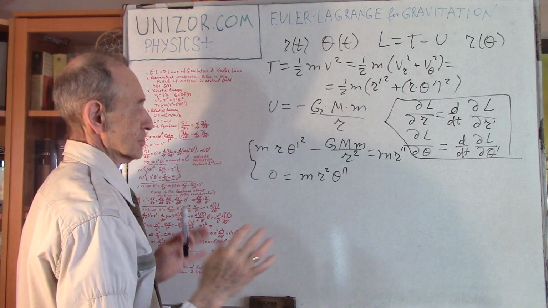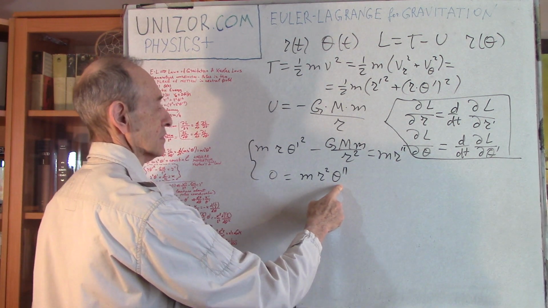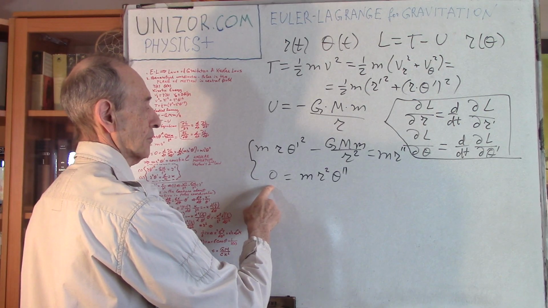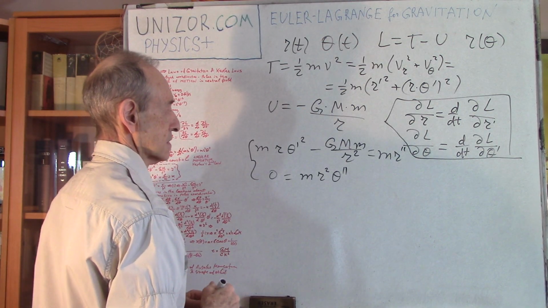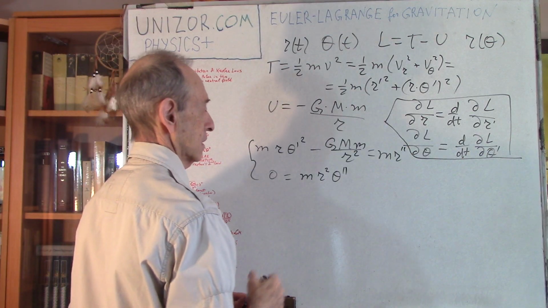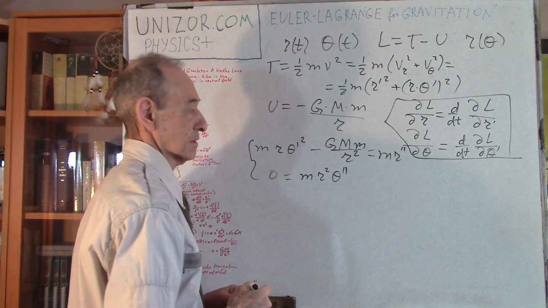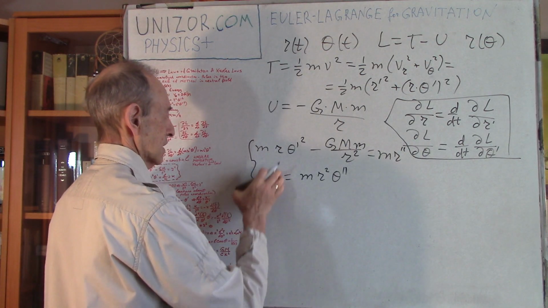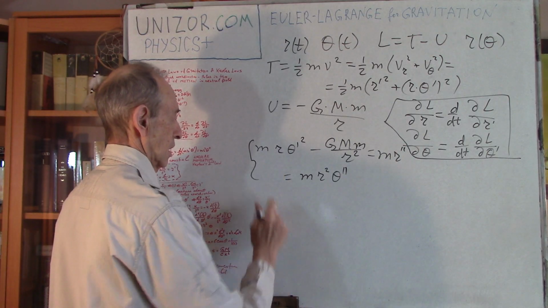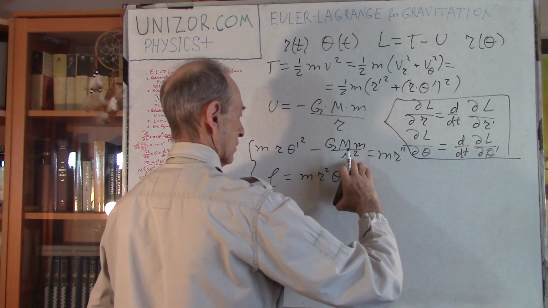So let's do it a little bit differently. Well, first of all, if the second derivative is equal to 0, it means that the first derivative is actually constant, right? So from this we can say that this is equal to some kind of a constant L and have only one derivative here.